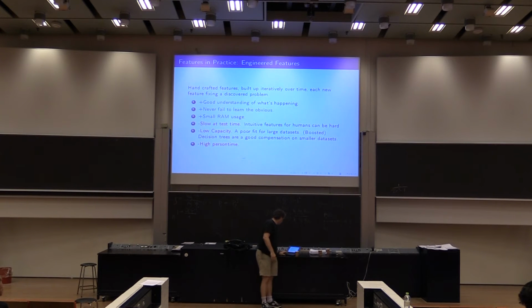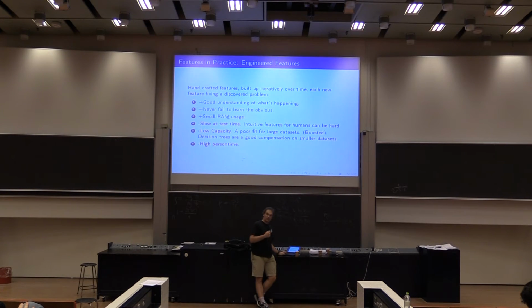Okay, so this has some advantages and disadvantages. To the extent that a person can understand what a learning algorithm is doing, there's a good understanding of what's going on. And that can be important sometimes, because if you don't understand what's going on, there can be some really obvious failure mode which is just killing your performance. You always learn the obvious thing.